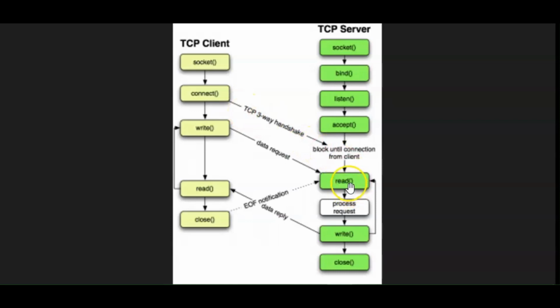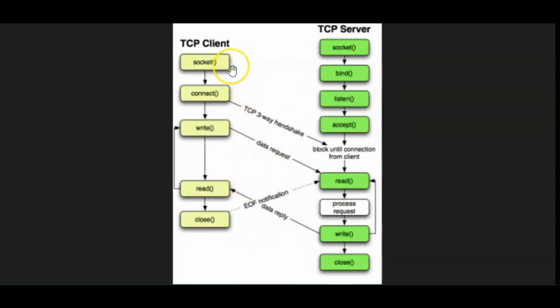The server reads from the client and writes to the socket, and in the same way the client also writes to the socket and reads from it. This communication channel gets established. Finally, when they are done, they close the socket on their end and release all the resources. This is a very high level diagram of client-server communication.